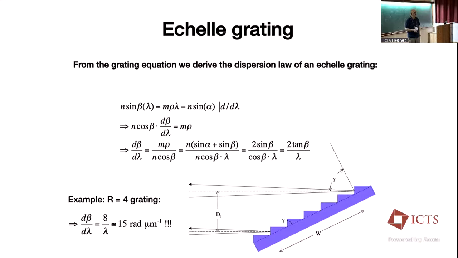And of course, I didn't choose this by chance, because this is what we use normally in the best spectrographs currently available worldwide. That's typically an R4, a tangent 4 grating, with an Echelle grating.